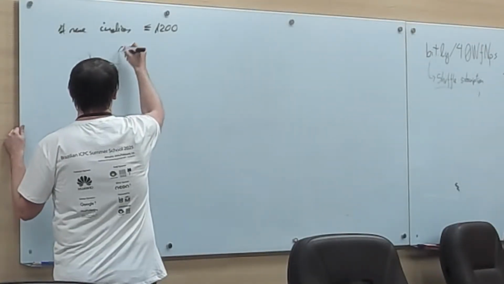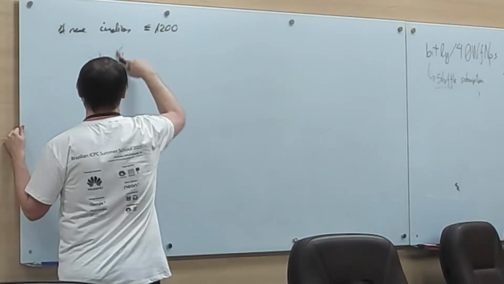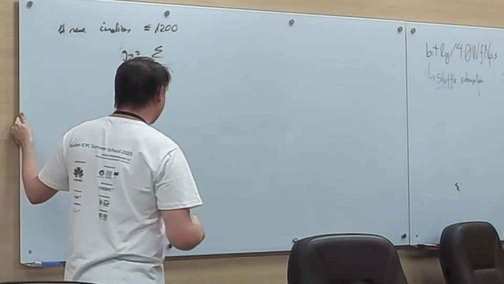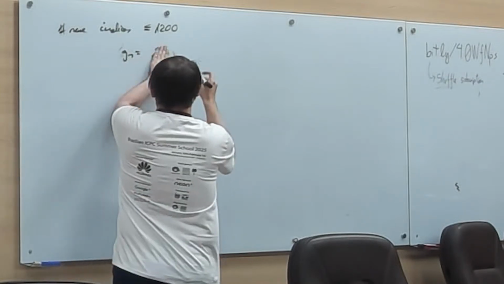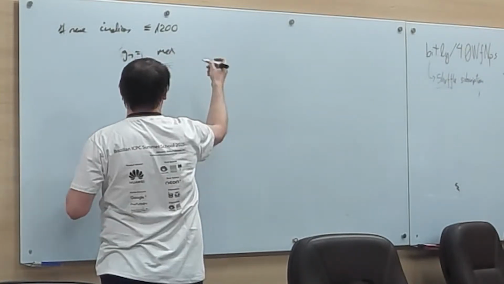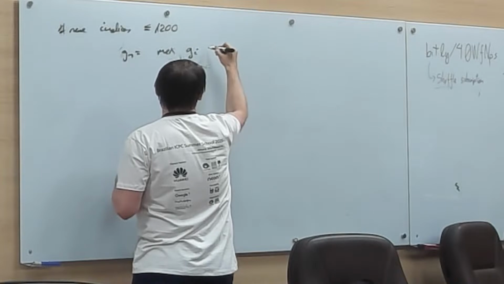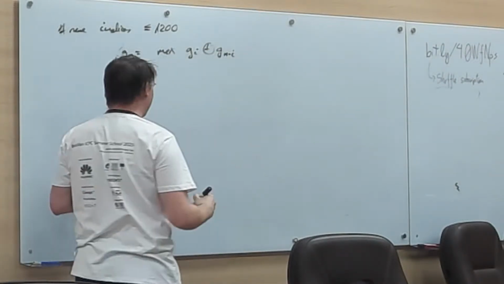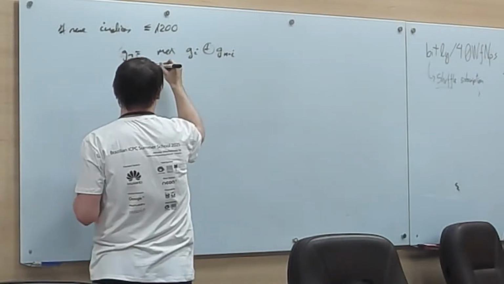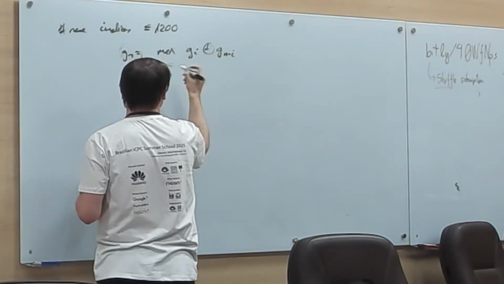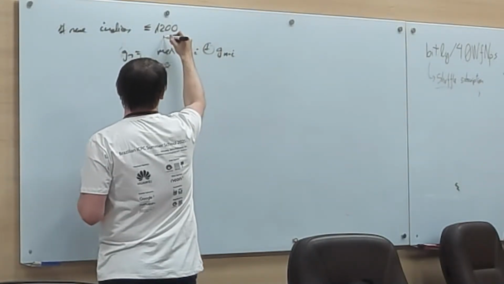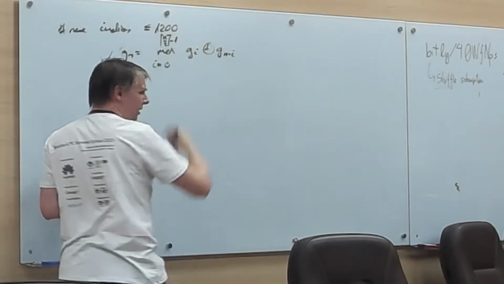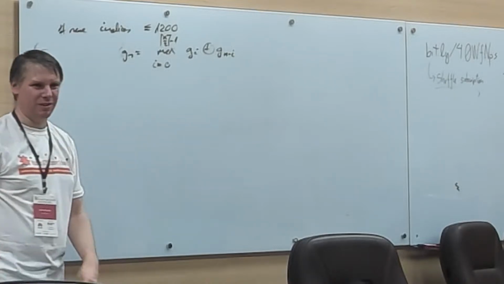For some g_n value, it is the mex of g_i XOR g_{n-i}, for i going from 0 to n/2 minus 1 if you round up, or (n+1)/2 if you wish.